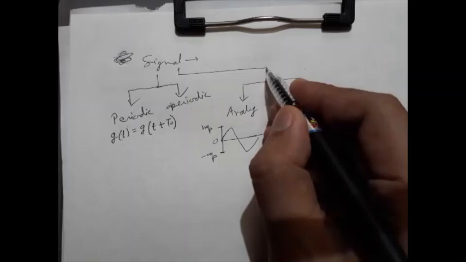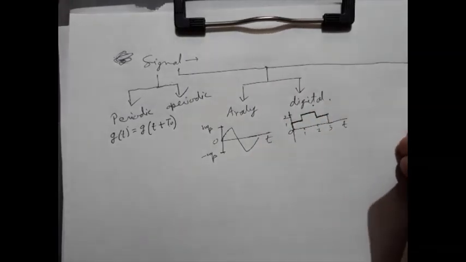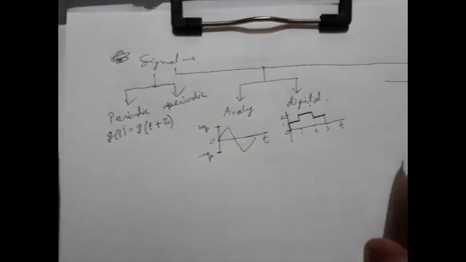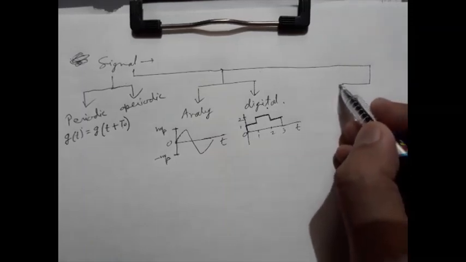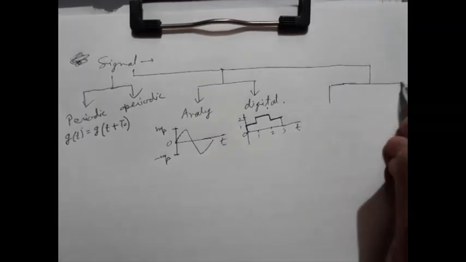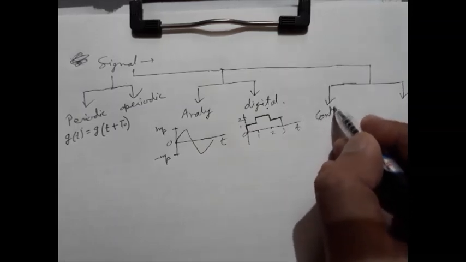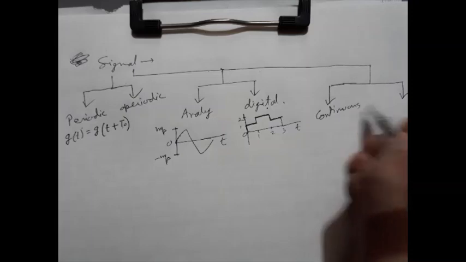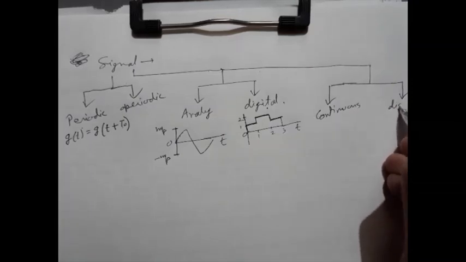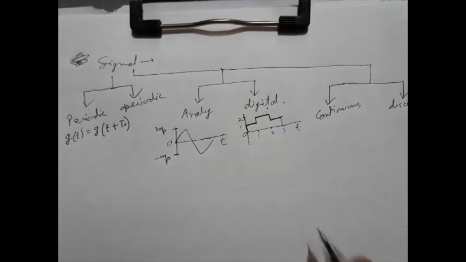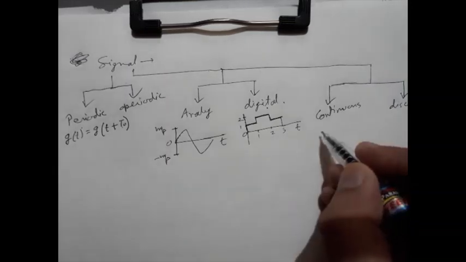Now we have another classification of signal depending on its time axis. One is continuous, another is discrete. What is the meaning of continuous signal? If the signal exists at every time within a certain time interval, then the signal is called a continuous signal. Consider this signal.